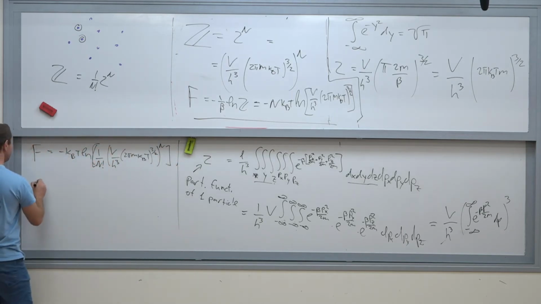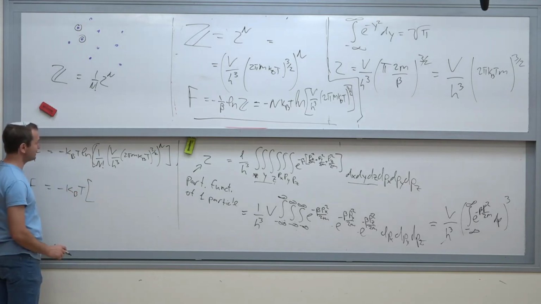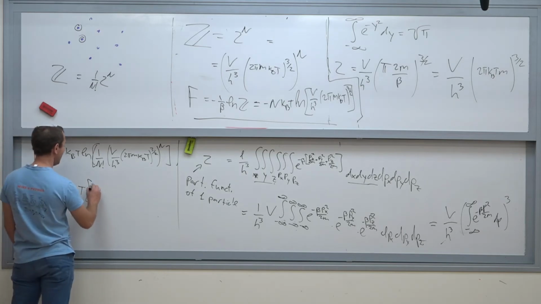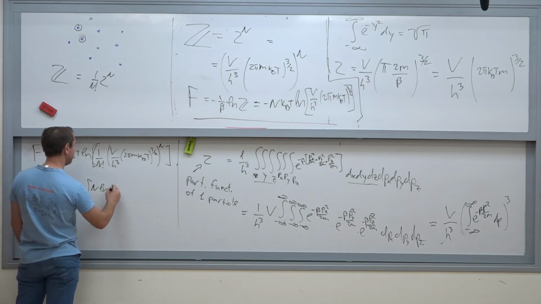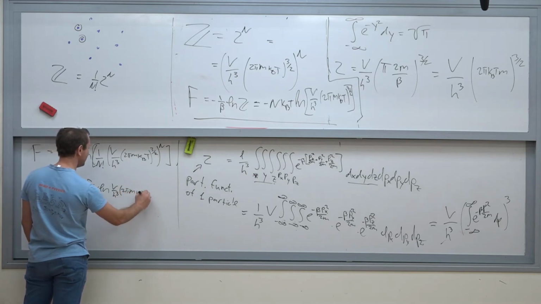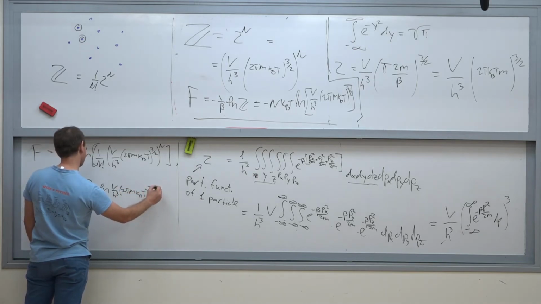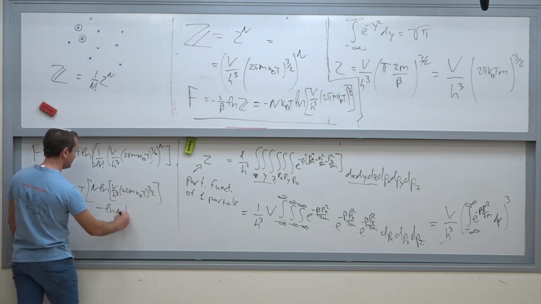Okay, so it is simply F equals minus k Boltzmann T, and inside we have N log of V divided by h^3 (2 pi m k Boltzmann T)^(3/2), minus log of N factorial.